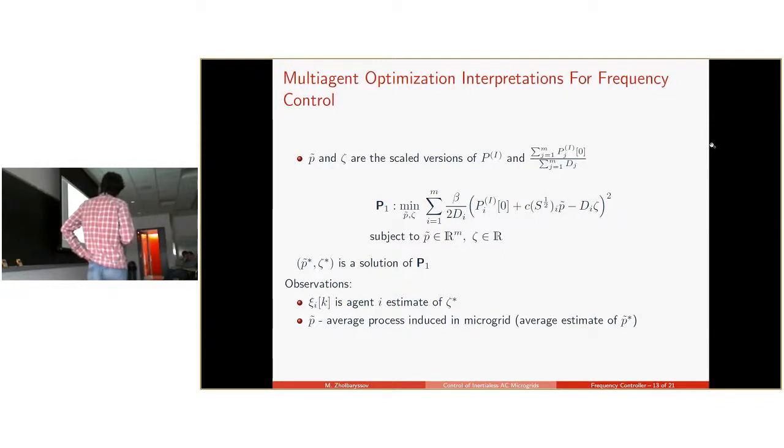Assuming P tilde star and zeta star is the solution of this problem, we can make the following observation: psi ik is agent I's estimate of zeta star, and P tilde, which is a scaled version of the injections, is, using the jargon for multi-agent optimization, the average process induced in the microgrid. So it's basically the average estimate of P tilde star over the inverter nodes.